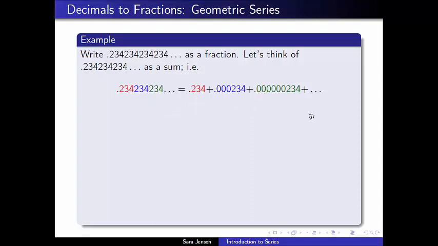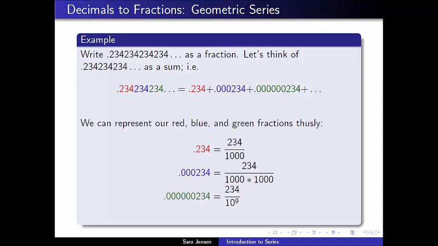Now the benefit of these decimals is that they are finite, and finite decimals like 0.5 are very easy to convert to fractions. 0.5 would just be a 5 over 10, or in other words, the 1/2 that we started with. So if we'd like to take the red, blue, and green finite decimals that we've written on this side of the expression, we can convert them to fractions by just taking the number that we're seeing and dividing by the proper power of 10.